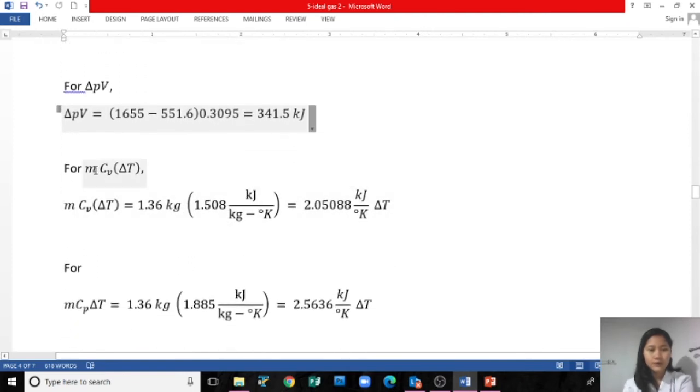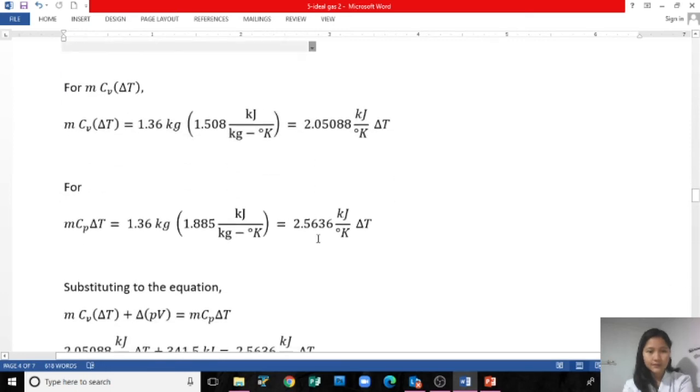Now for the mCv delta T, we're just going to substitute all the given to the equation. It is therefore equal to 2.05088 kilojoules per degree Kelvin times delta T, since delta T is still unknown.